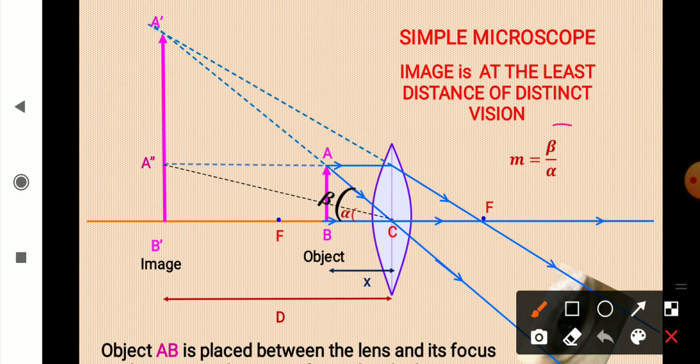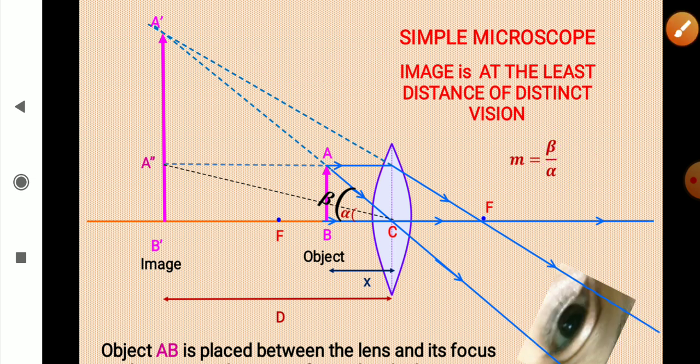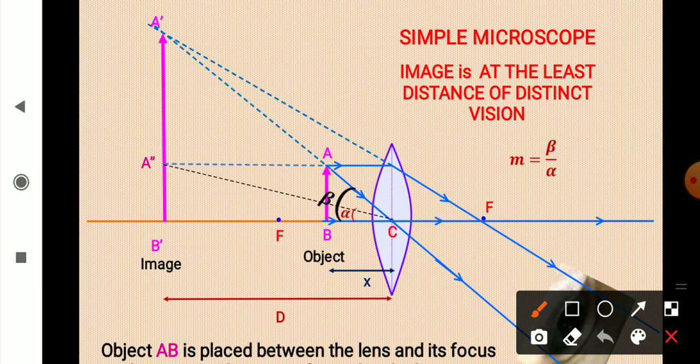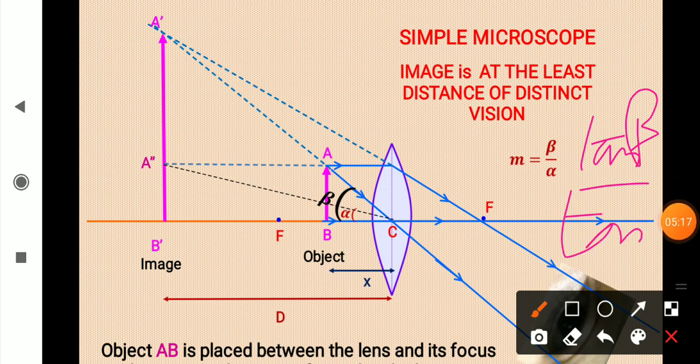You see, this beta and alpha, these angles are very small angles, so they can be taken as tan alpha and tan beta. I can write it as tan beta upon tan alpha, right? See what happens then.